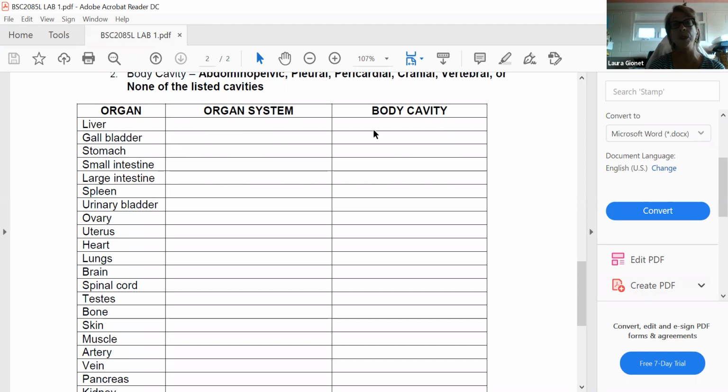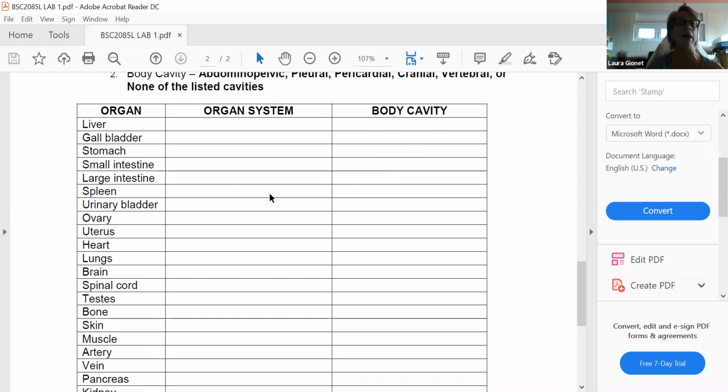So what you could do is either write these down individually, you might just abbreviate AP for abdominal pelvic, or write diagonally across here, abdominal pelvic, for all those, because all of those are the same system and the same cavity.